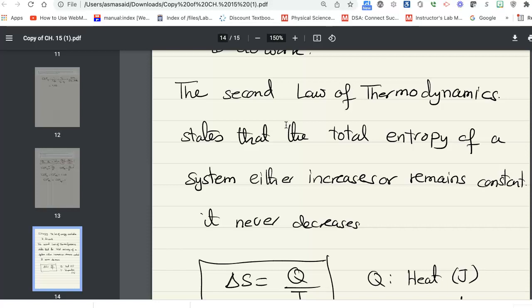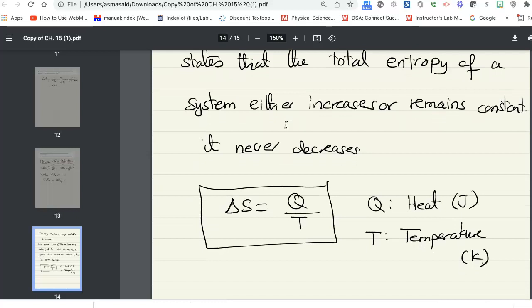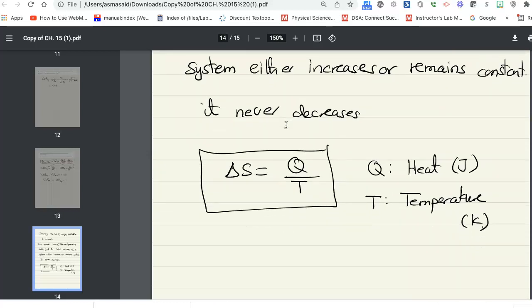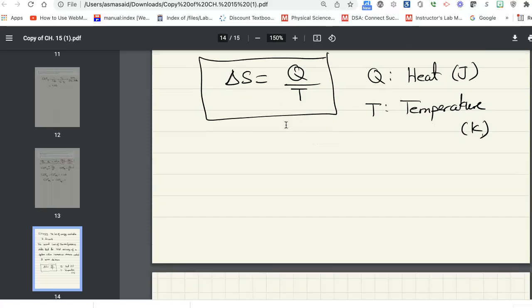One of them is that I cannot have an engine that has 100% efficiency. The second law also has another statement saying that the total entropy of a system either increases or remains constant, and it never decreases. We can find the change in entropy as Q divided by T, and here of course T should be in kelvins.